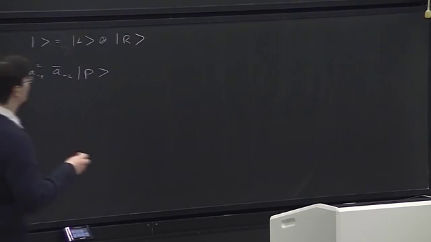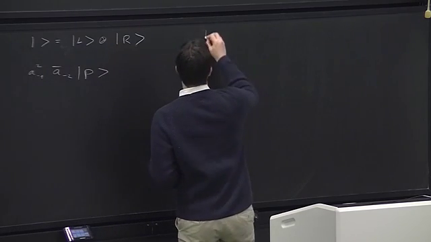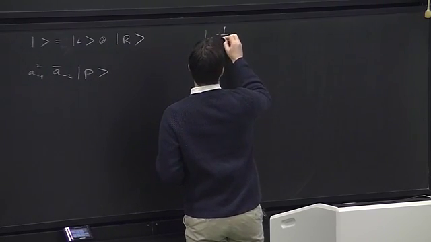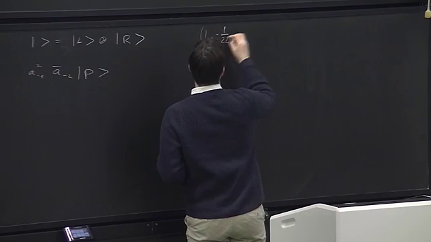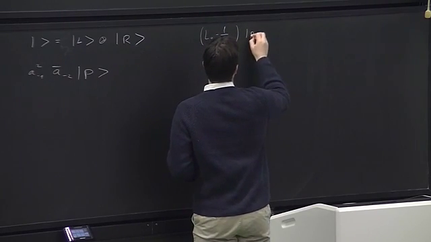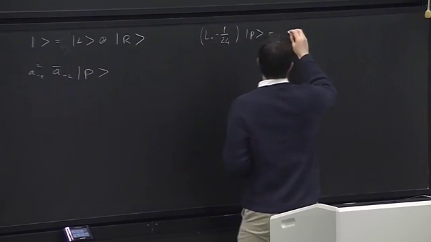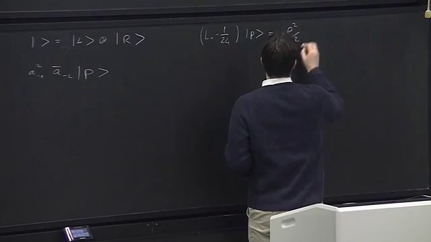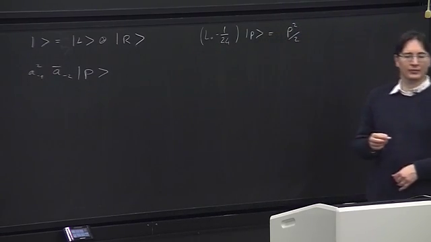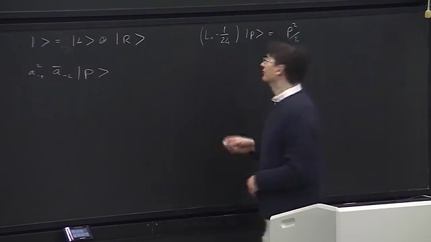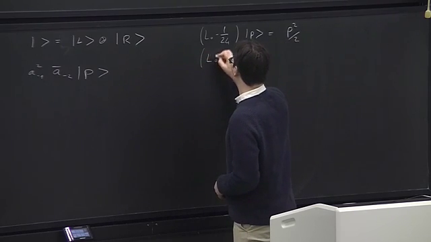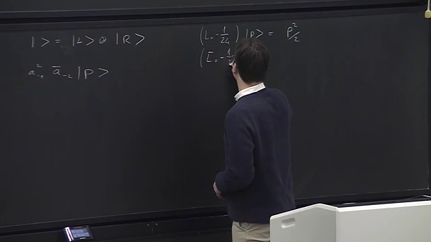If you act with L0 minus 1 over 24 on P, you get P squared over 2. The same if you act with L0 bar minus 1 over 24.